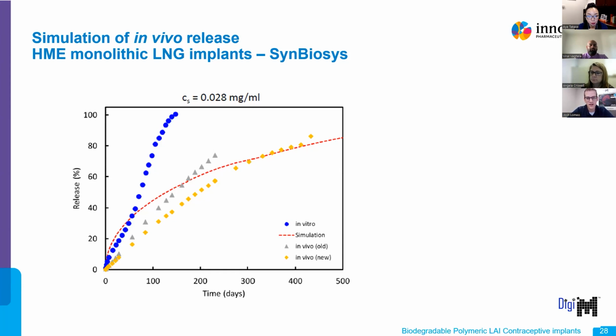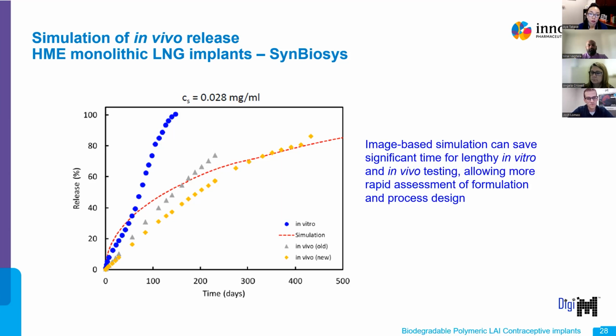The CT collection and the simulation prediction and all the analysis that goes into that can be performed in a matter of a few weeks, as opposed to, in the case of this long-acting implant, where we're looking at, in some cases, years-long release testing that needs to be evaluated.